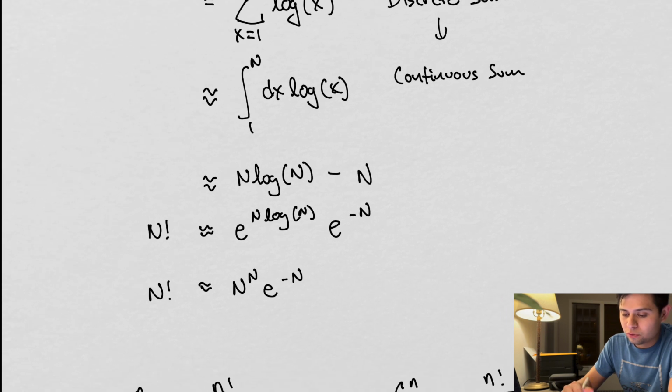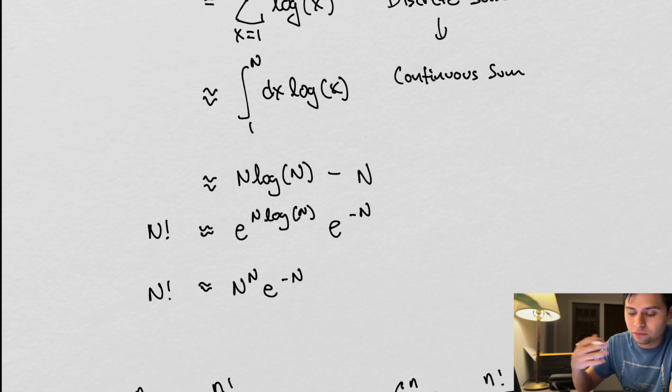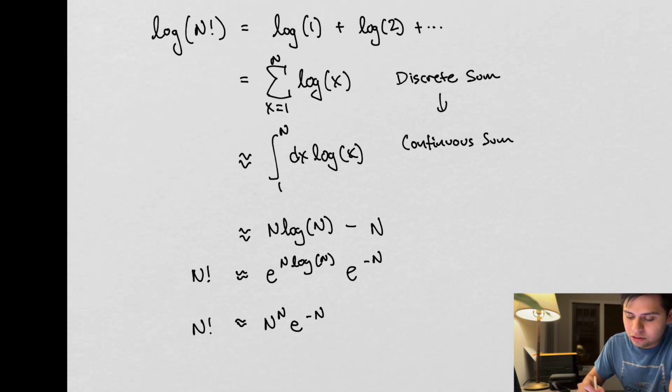So when we do the integral of this function, we get this. This is just done out of rote memorization, because I've done integrals so much. You come to this point here, and this is the log of n factorial.